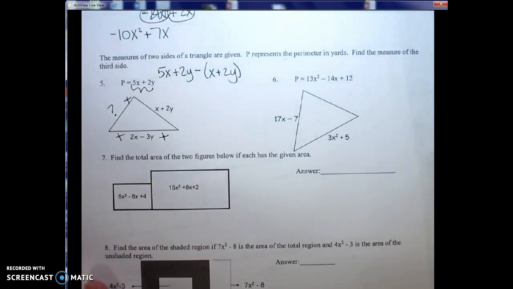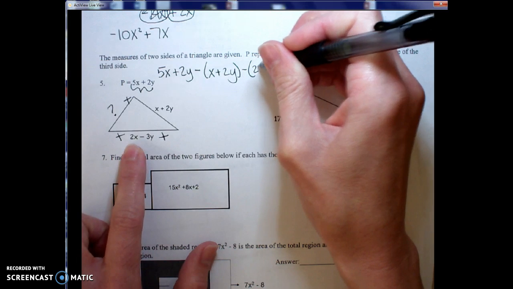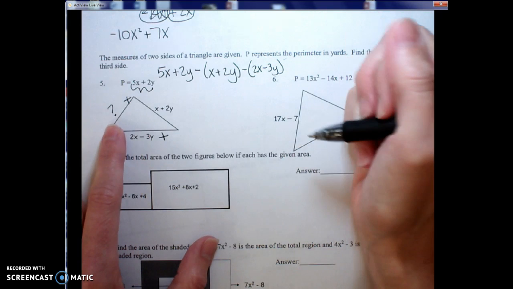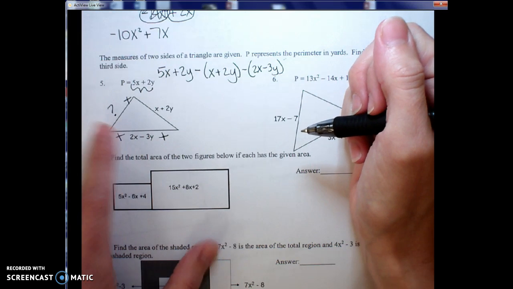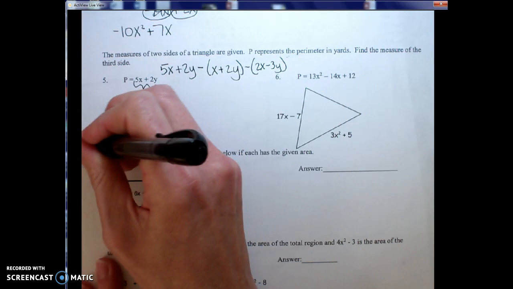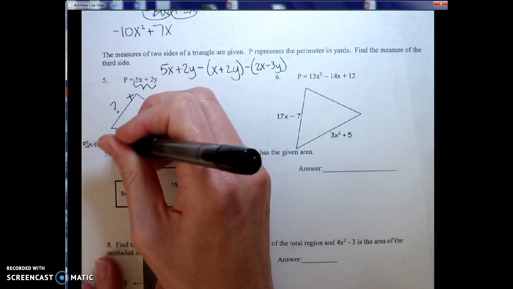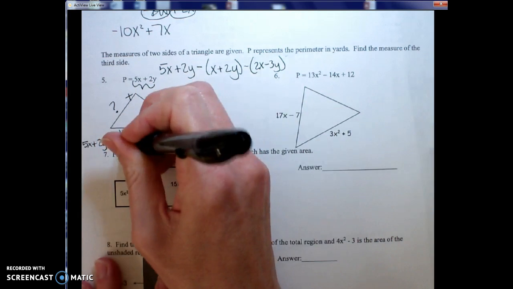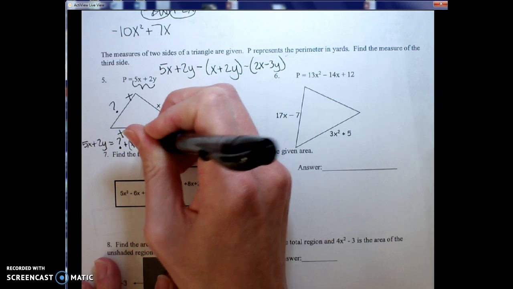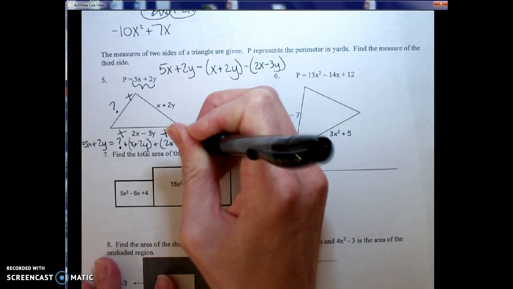We'd have to take away one side length, and we'd have to take away that second side length, 2x minus 3y, in order to get our third side length. What does that equal? Again, the reason here is if you had your perimeter, 5x plus 2y, that would equal our question mark plus one side, x plus 2y, plus the third side, 2x minus 3y.